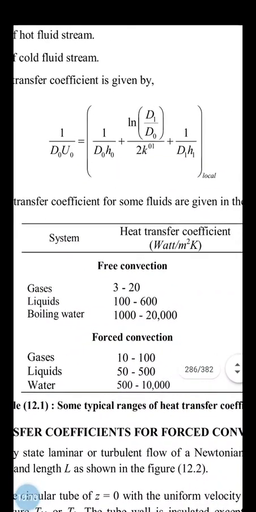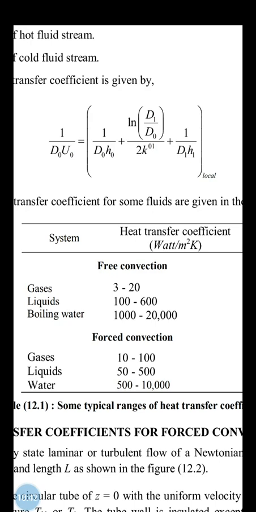As a chemical engineer, you are supposed to know at least some range of the heat transfer coefficients for gases, liquids, and for different materials. For gases, it is 3 to 20 in case of free convection, and in case of forced convection it will be 10 to 100.